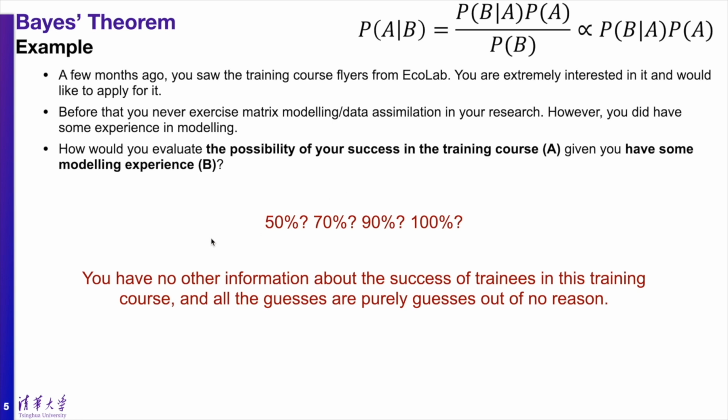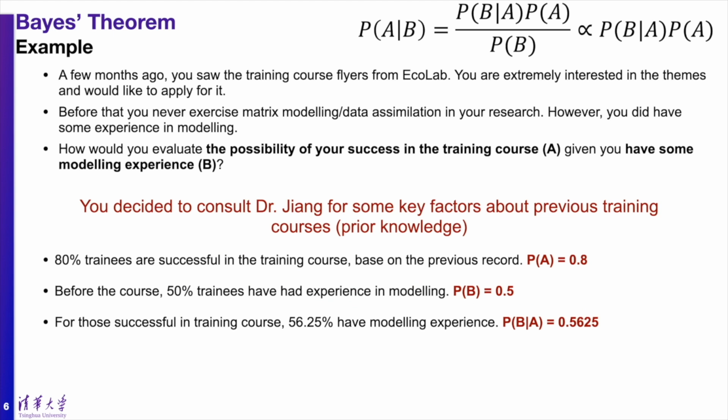Because you have no valid information about success in the training course, all the guesses are purely out of your intuition or out of no reason. To better evaluate if you are suitable for this training course, let's suppose you decide to ask Dr. Jiang for relevant information.